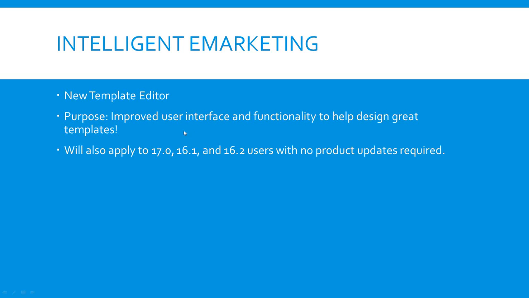Here's 17.1. So intelligent e-marketing, here's some things they do. There's a new template editor. So when you go to create a template inside of Act e-marketing now, there's a new editor that works for that, and they're backfilling that to 17.0, 16.1 and 16.2. And I've not used it much, but it's greatly needed.